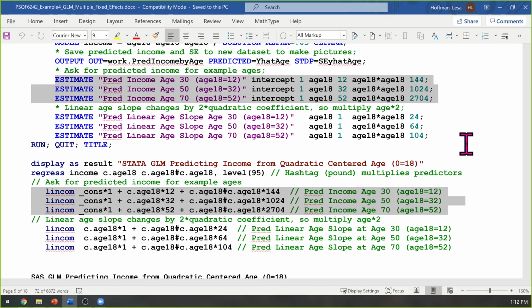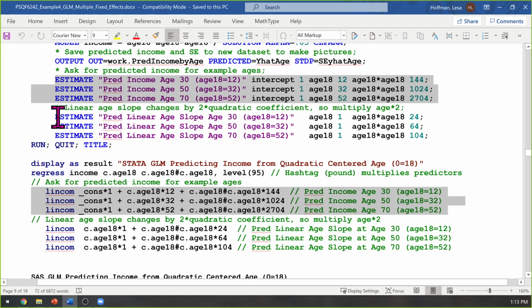So I'm asking it to internally represent what beta 0 is going to be as the intercept, what beta 1 is going to be as the linear slope for age, multiplied by the centered value of age that I want the prediction for, and then what beta 2 is going to be by referencing the squared term, multiplied by age squared. And so that's how I got the predicted income at age 30, 50, and 70 by filling in those values as multipliers of the fixed effects estimated by the model.